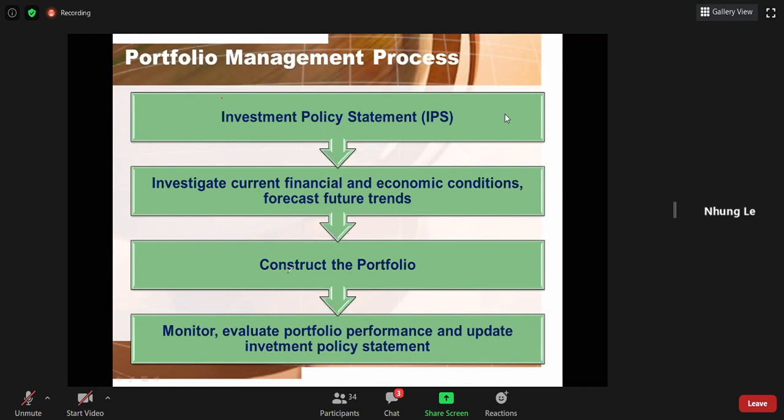And we learn how to construct the optimal portfolio theoretically and technically. In theory, we discuss portfolio theory and capital market theory, and we understand the reason why we do that.